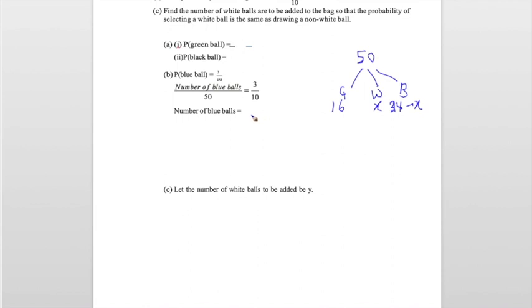Alright, so therefore 34 minus x, the number of blue balls out of the total number of balls, is given as 3 over 10, the probability. So therefore the number of blue balls is just 3/10 times 50, which is 15.